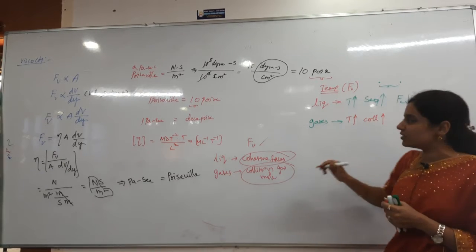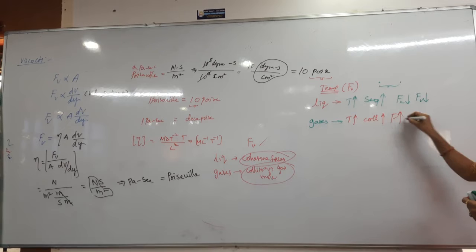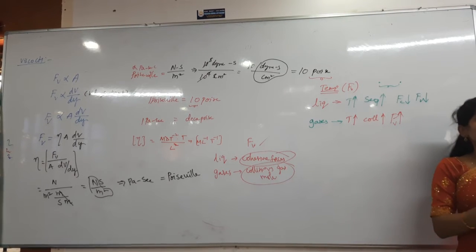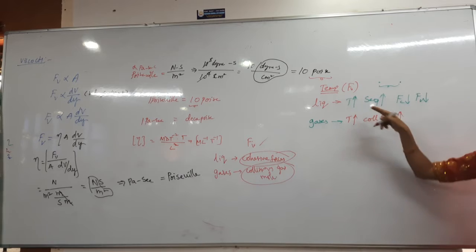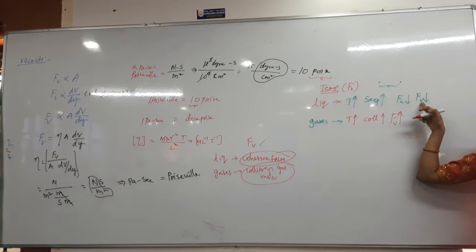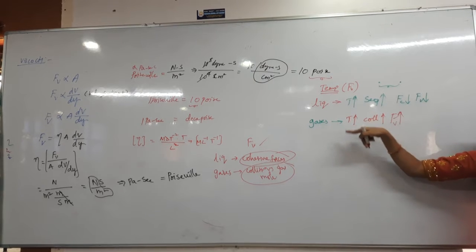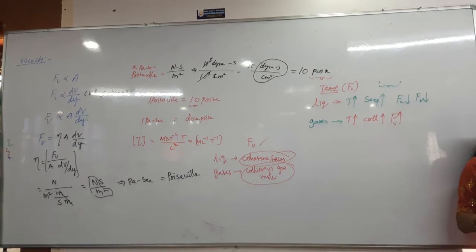The viscous force is increasing, because the exchange of momenta is increasing. So in liquids, by raising the temperature, viscous force decreases. In gases, the viscous force increases by raising the temperature. Clear? Everybody understood, right? The temperature dependency is important.